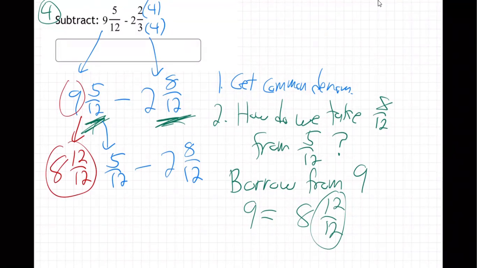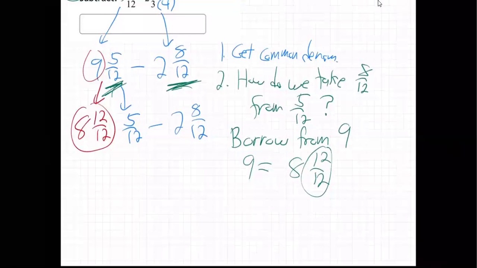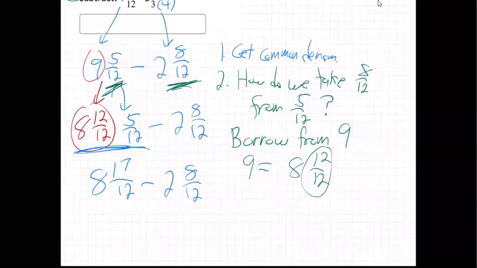Nothing has been lost. Now I can combine these two to be 8 and 17/12. Everybody see that? 8 and 17/12. That's the same thing, right? I just combined the 12 and the 5 to be 17/12.